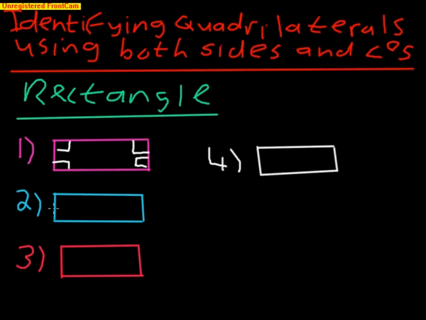So we have this one pair parallel, and then we also have the second pair parallel. So both pairs of opposite sides are parallel, and there's at least one right angle. So we have at least one of the four angles at 90 degrees.